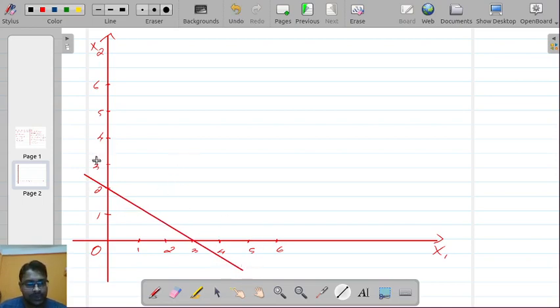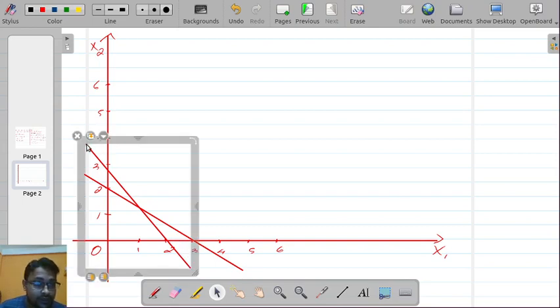Another one is the next one, x1 by 2 and x2 by 3. It's not the perfect one, so let me draw it nicely. x1 by 3, x2 by 2. Let us try to rotate this, if it gets rotated or not.